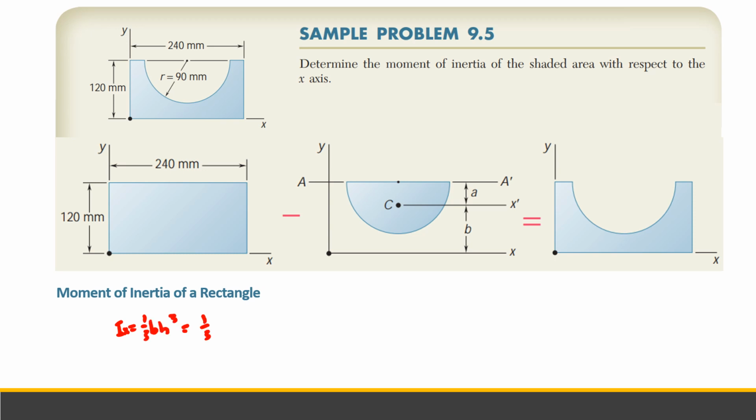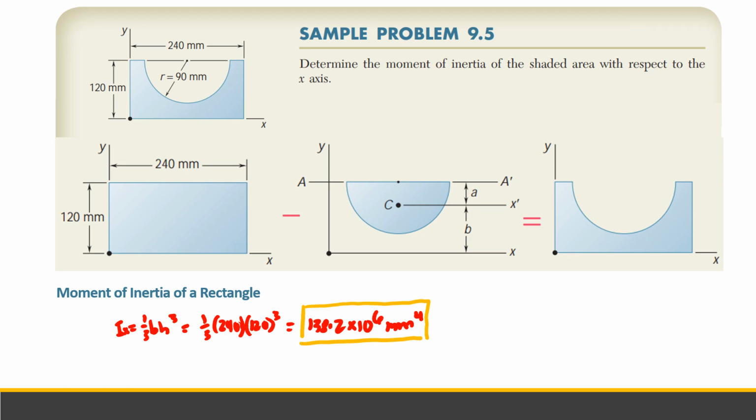So we have here 1/3 times b is 240 mm times the height, 120 mm cubed, which is equal to 138.2 times 10 to the power of 6 mm to the 4th. The unit of moment of inertia is mm to the power of 4. So that is the moment of inertia of a rectangle.